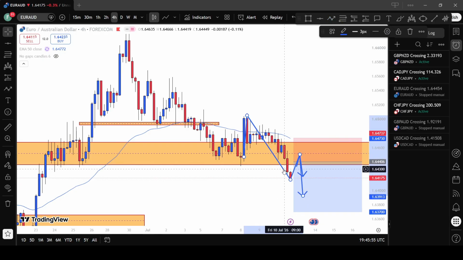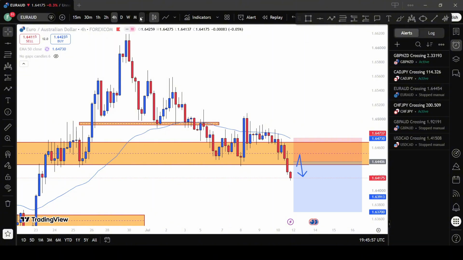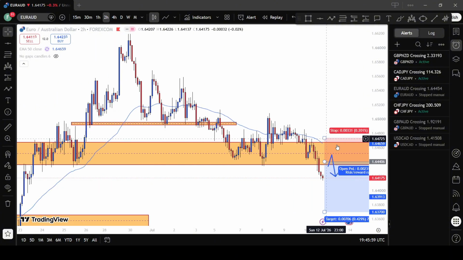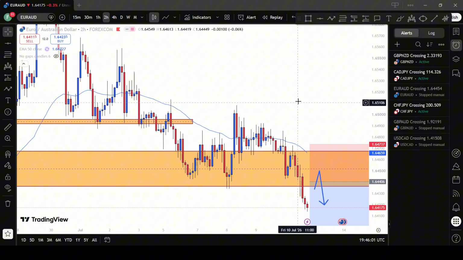Nothing hard, just simply shift our structure, pull back, sell. Continuation, pull back, sell. That's pretty much it for Euro AD.